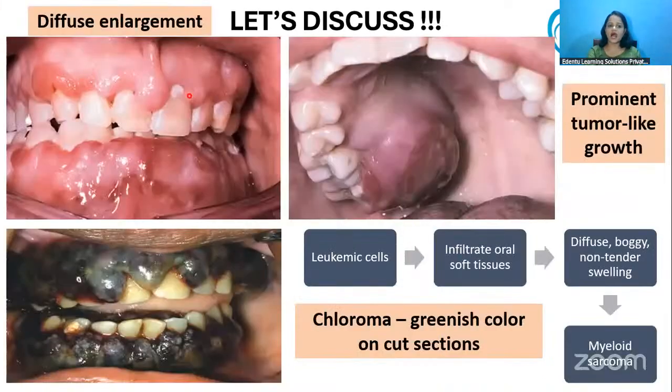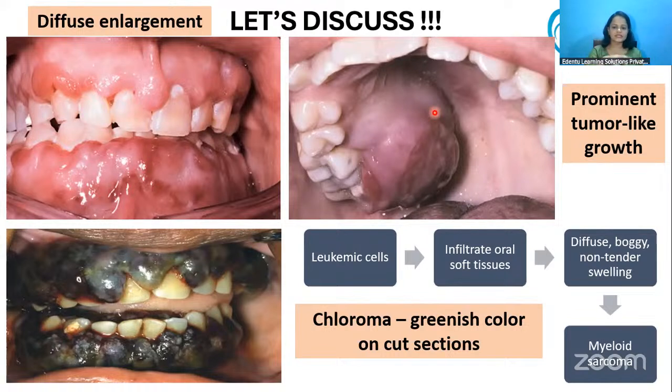These are leukemia-induced gum hypertrophies. They may be diffuse like this, or a tumor-like growth like this. How are the leukemic cells producing this gingival enlargement?